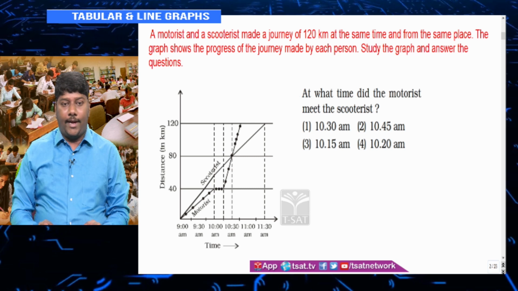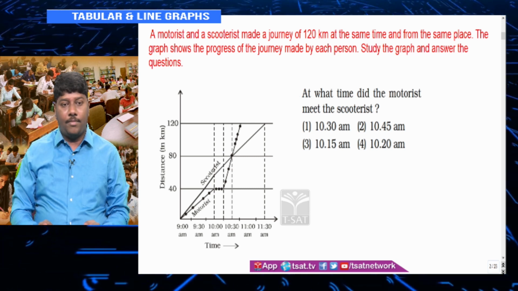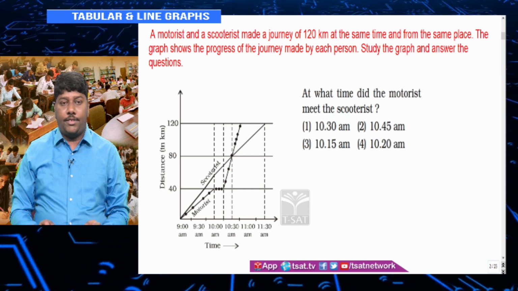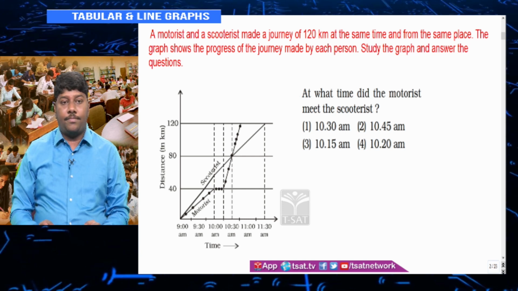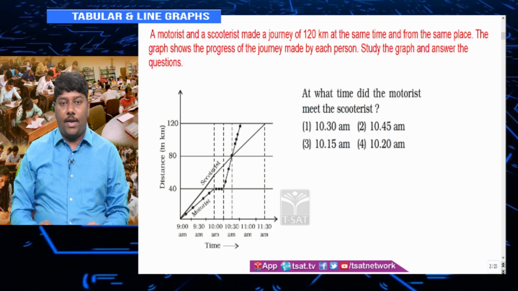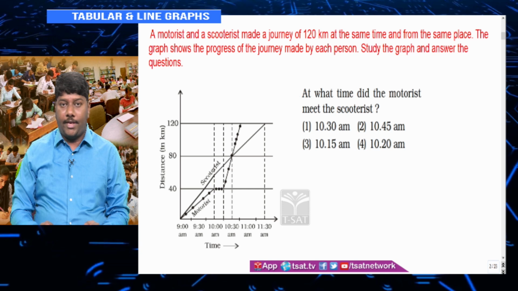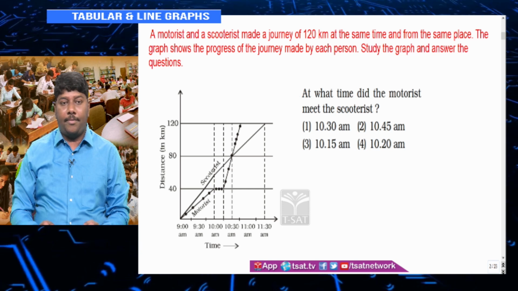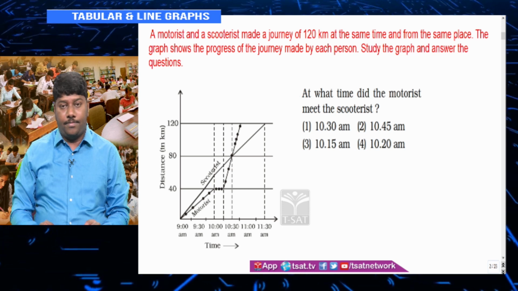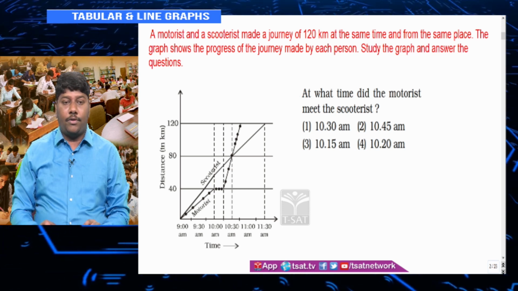If you observe the graph, the scooterist is a perfect line and the motorist is given as a line with points. A motorist and a scooterist made a journey of 120 kilometers at the same time from the same place. The graph shows the progress of the journey made by each person. Study the graph and answer the questions.